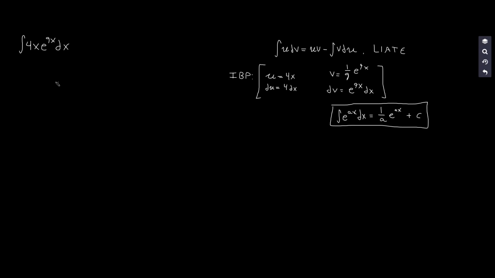And so what that's going to look like is as follows. 4 times x times 1/9 times e raised to the power of 9 times x, minus the indefinite integral of 1 over 9 times e raised to the power of 9 times x, times 4 dx.